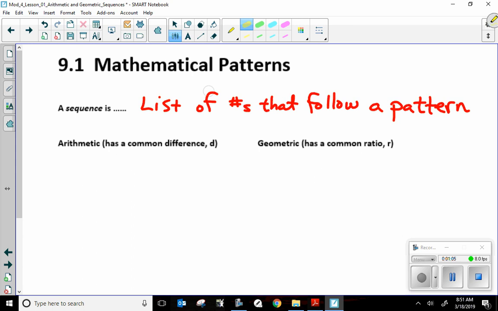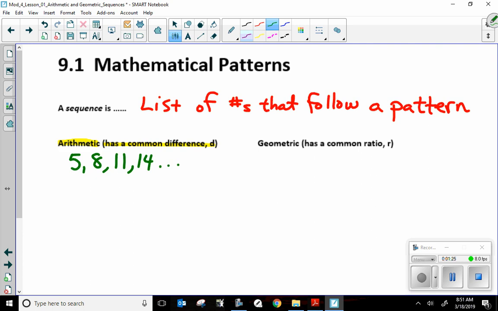Please note that arithmetic, oh, I love me some highlighters. They have something that is called a common difference. Okay. And what does that mean? Well, let's come up with a sequence here. How about we have 5, 8, 11, 14, and so forth.